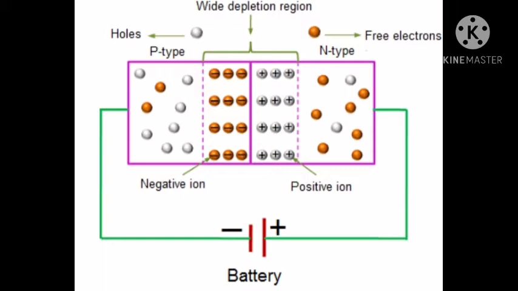So, the width of the depletion region becomes so large that the tunneling process is just impossible, at a sufficiently high reverse voltage.